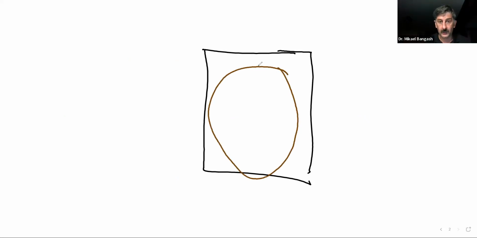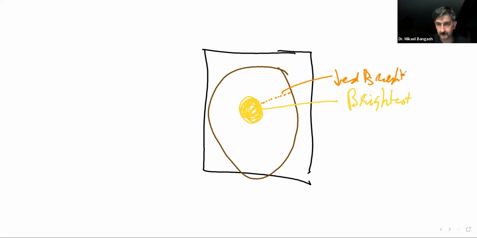What you mainly will see in the center is that it is brightest. Clear? And what you actually will see is that the brightness decreases as you go from the center where the beam is brightest, towards the periphery of the beam.